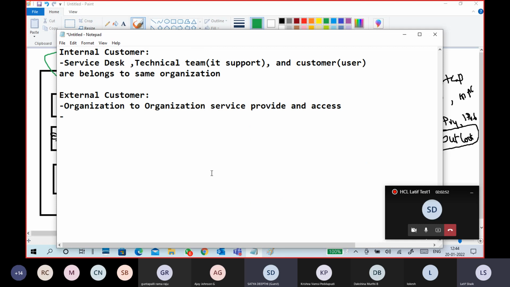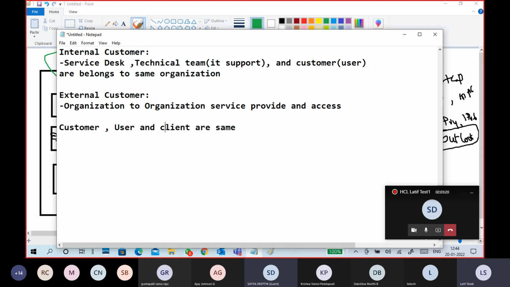The small words. Customer is always the same, and we also use the customer as a user. Customer, user, and client are the same only.